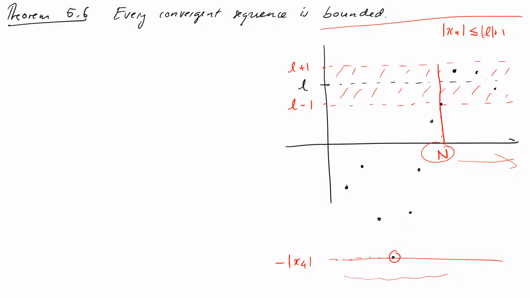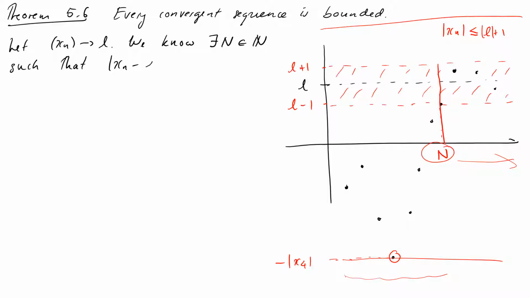So how do we put this into words? Well, let's just write this nicely. Let xn be a sequence that tends to L. We know there exists a natural number N such that the absolute value of xn minus L is less than or equal to 1 for all n, actually less than, isn't it?